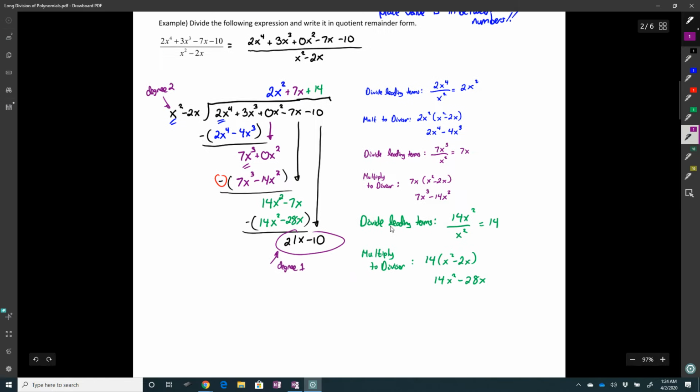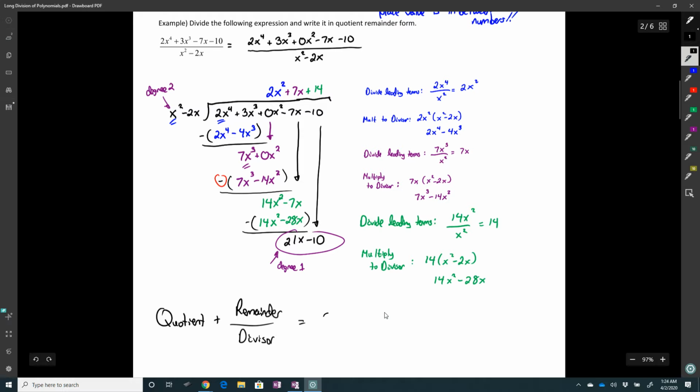Now that I did all of this, my final answer is going to be quotient plus remainder over divisor.